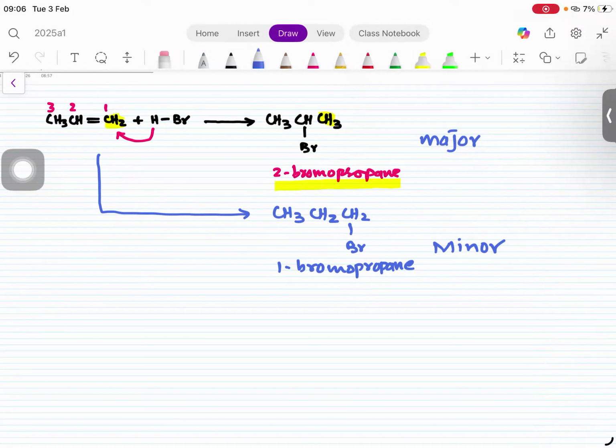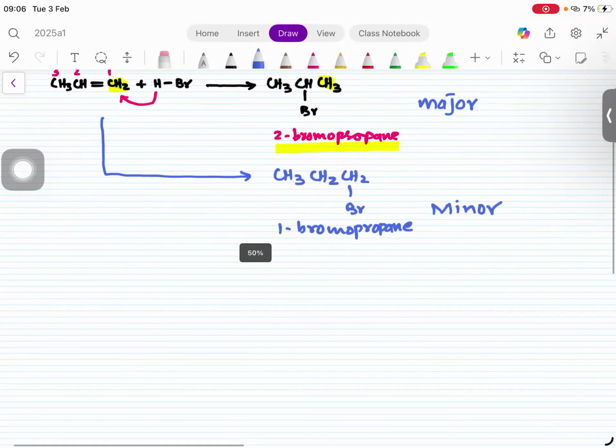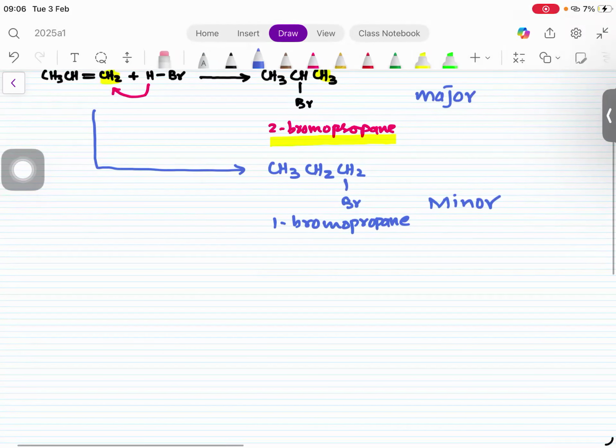Let's explore the reason. The reason is always there in the mechanism, because we just know what is happening in the reaction. We don't know why it's all happening. That is in the mechanism. Okay, so give the heading mechanism, then we'll see.